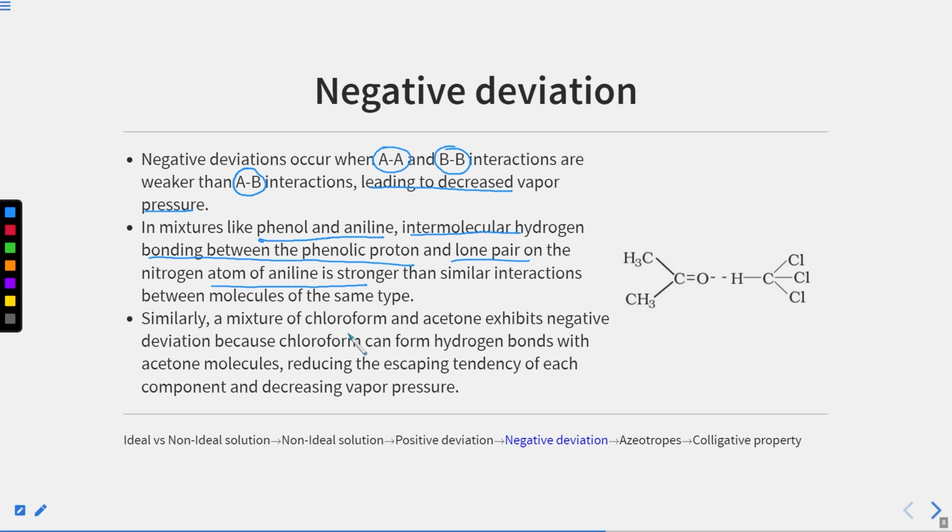If you want to take one more example, we have chloroform and acetone. This is our acetone and this is our chloroform.